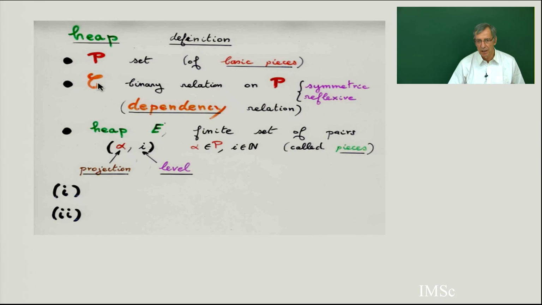Now we have a binary relation on the set of basic pieces, which is symmetric and reflexive. I call this the dependency relation. If A and B are in dependency, then B and A are also in dependency, and A is in dependency with itself. I put a C because it's in French, it's concurrent.